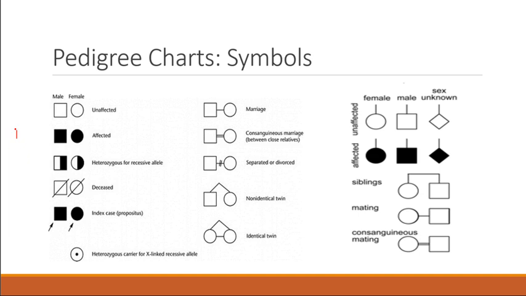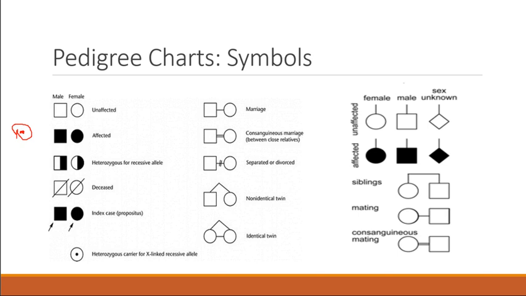Generally it's a female, a circle, and then you draw a dot in the middle, and then you say he or she is a carrier. So sometimes this symbol is half filled, sometimes it's a dotted symbol. Either way you use it, you just need to label or mention it in the index. If it's something deviating, then you just need to label it in the index.